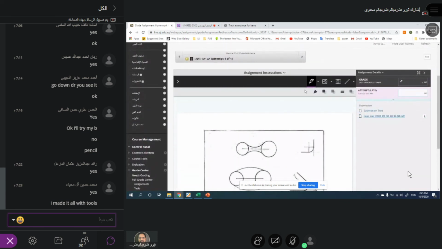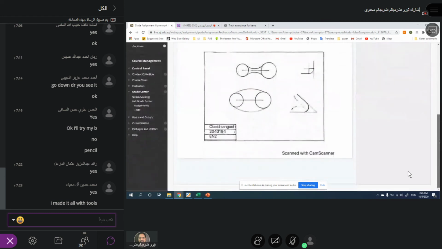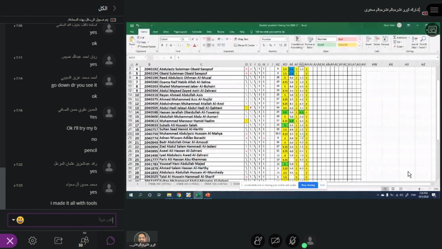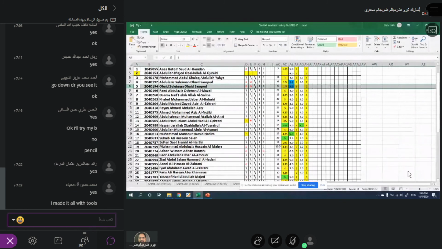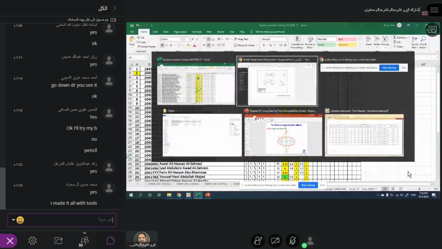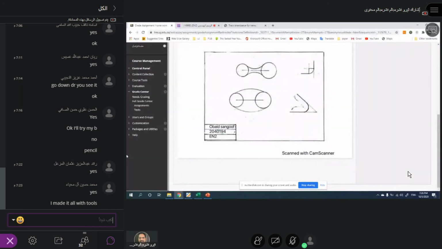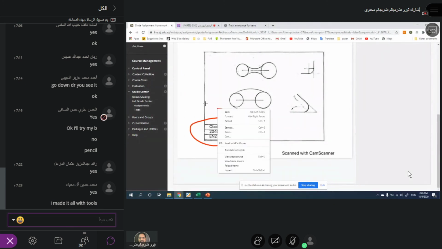Obay, speak to me. Where is Obay Sanguf? Are you here? Why did you write it on this side? The nameplate should always come on the other side, right?